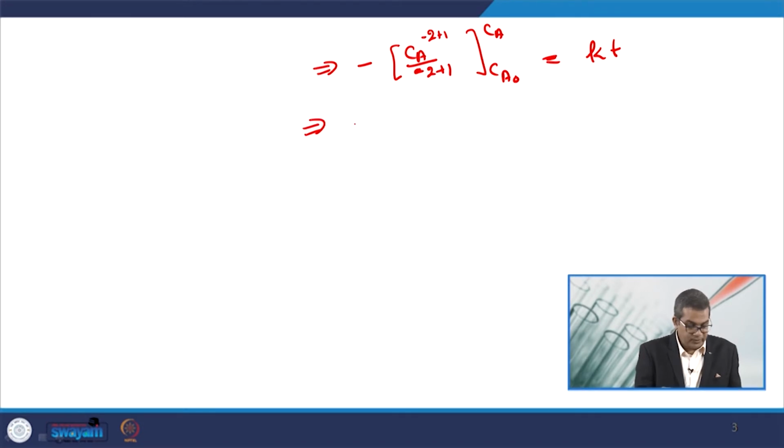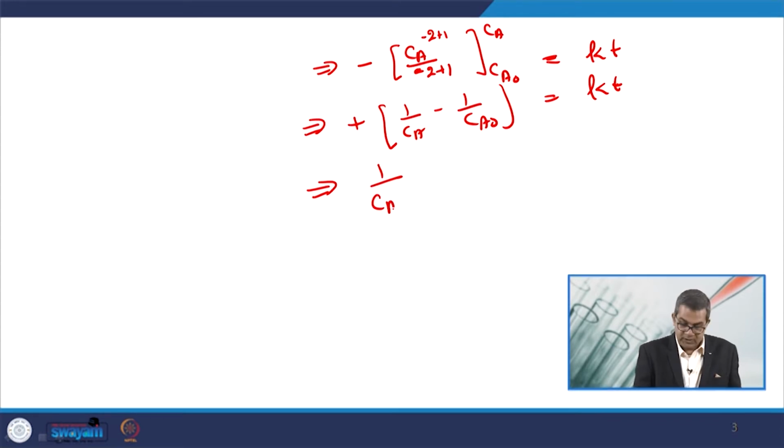This implies 1 upon CA minus 1 upon CA0 is equal to kt.